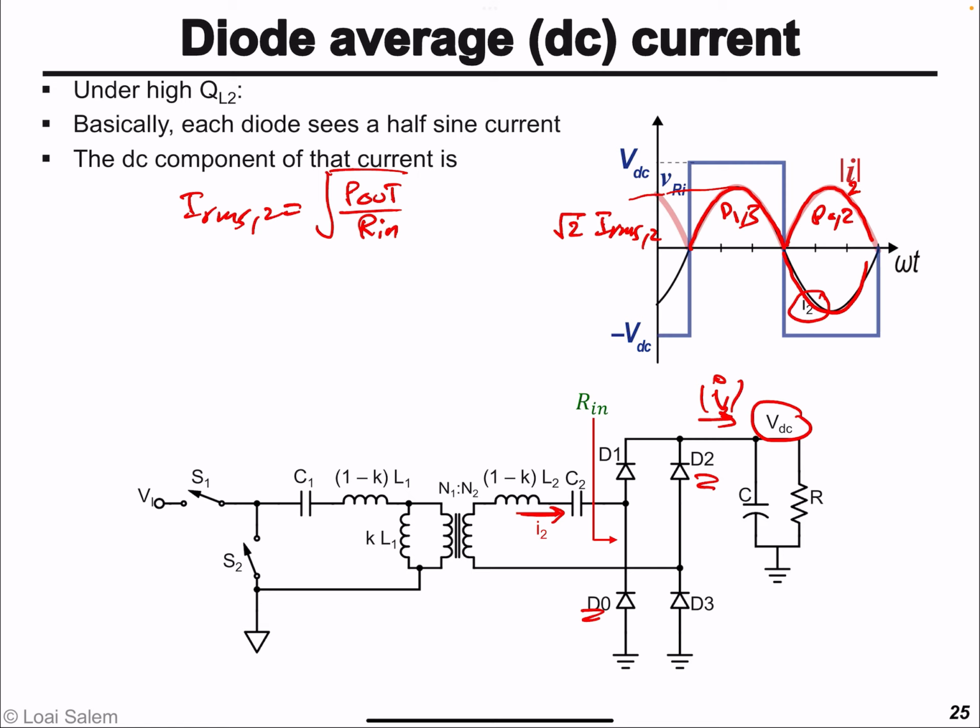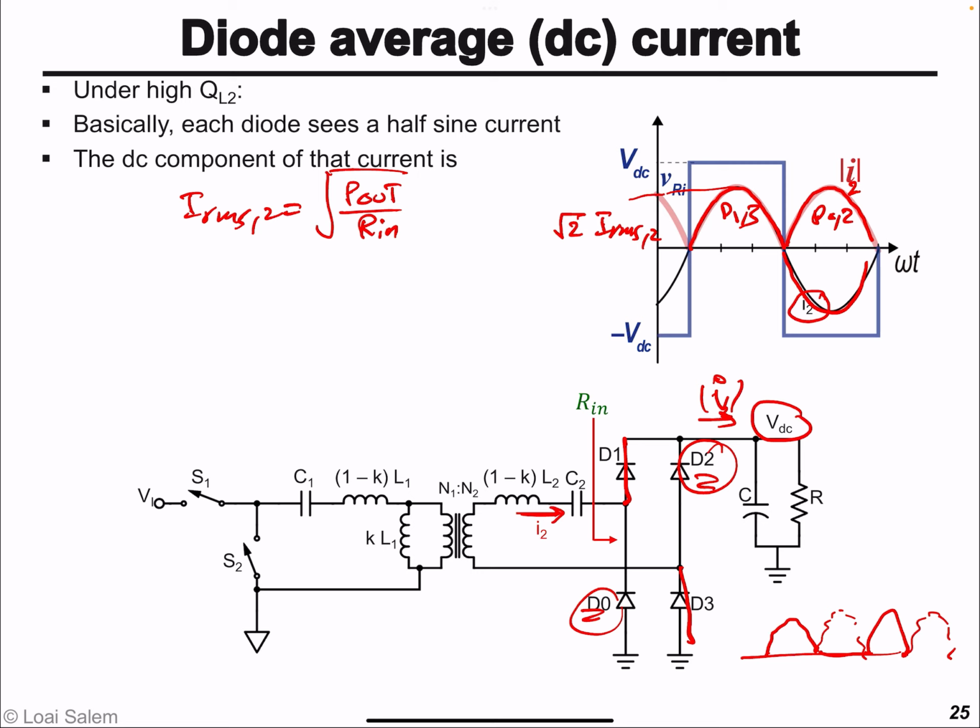Now, this means that D1 and D3, when they conduct current, conduct only during the positive half cycle and are zero otherwise. And similarly, D2 and D0 conduct during the negative half cycle and are zero otherwise.